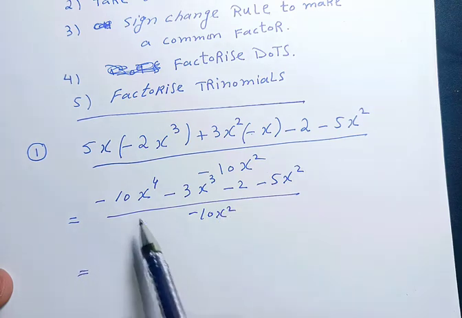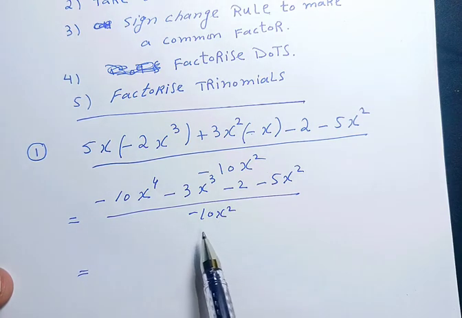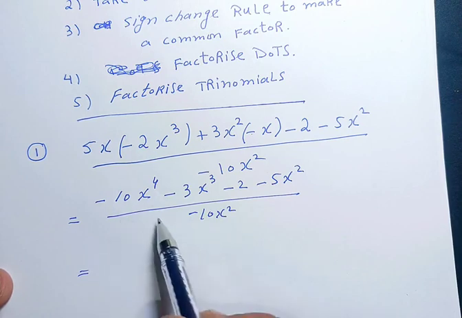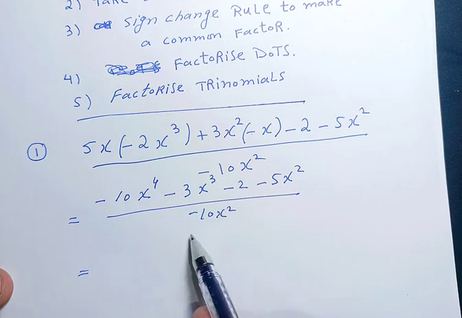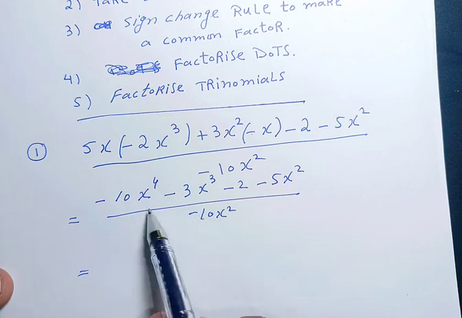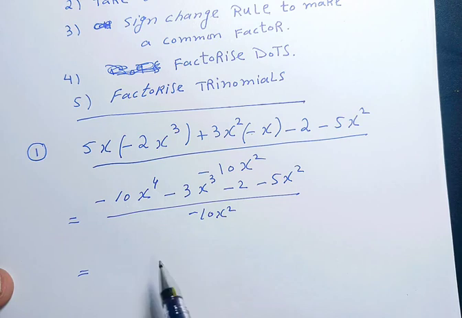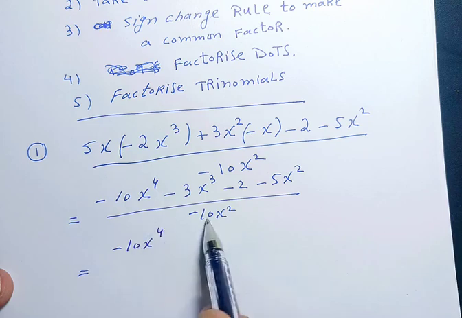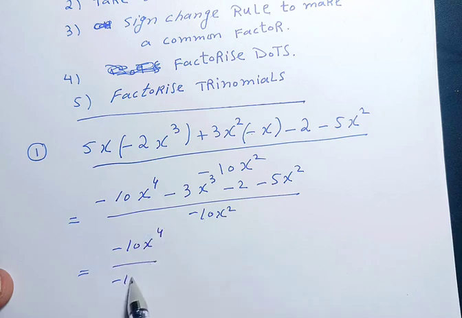Now here you can separate, you can divide, or you can divide one time if you are expert, same thing. So let me do separate, easy for you. So the negative 10 x power 4 divide by negative 10 x power 2.